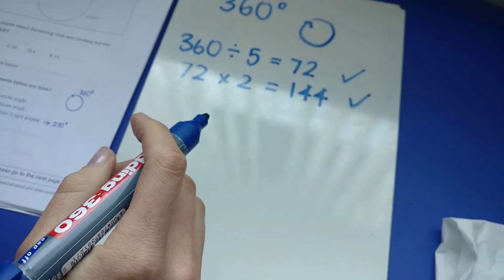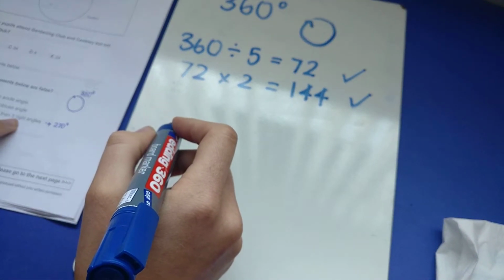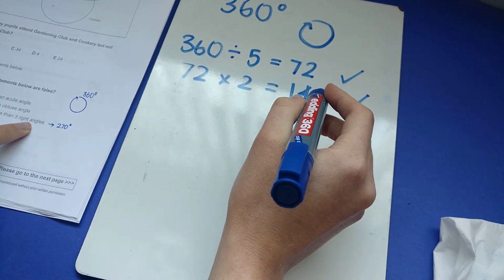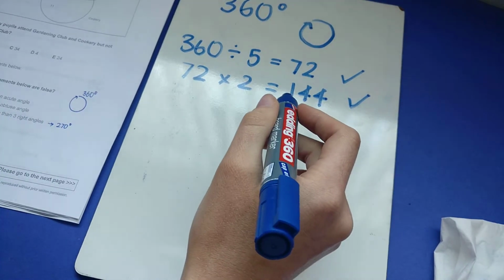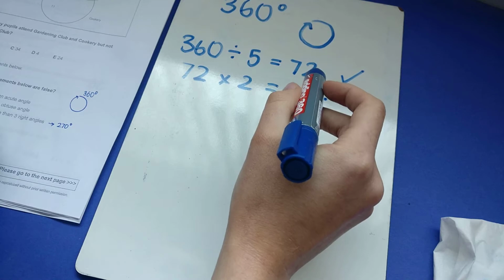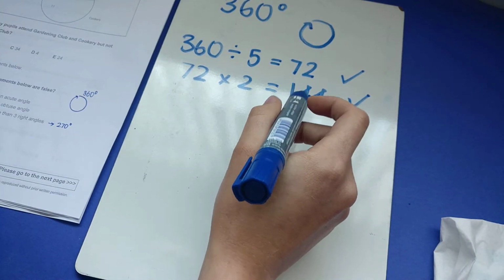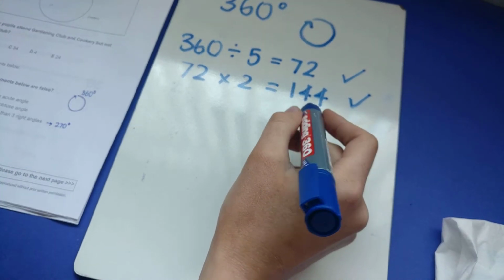And then C, 3/5 of a complete turn is more than 3 right angles. Well, we already worked out that 1/5 is 72, 2/5 is 144. We've just got to add on another 72 there, or whatever way you would like to work that out.